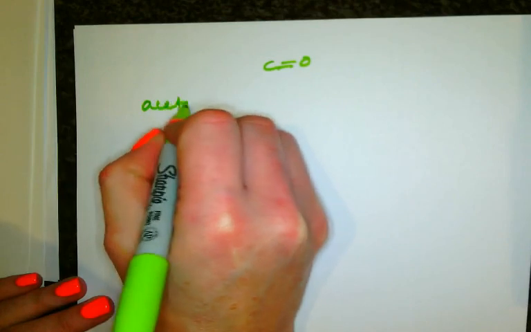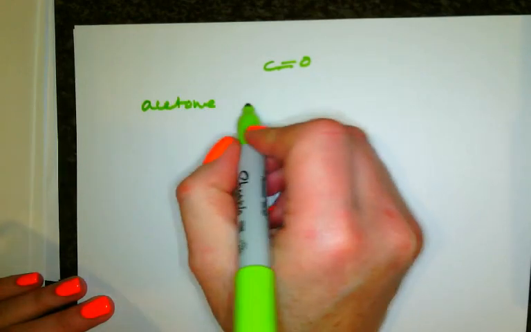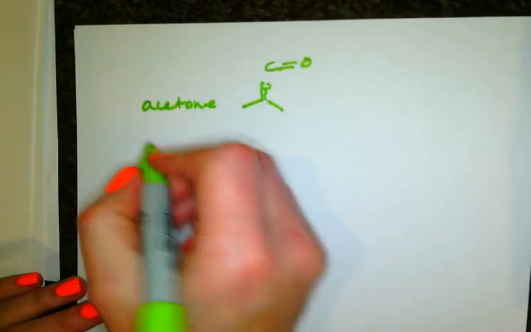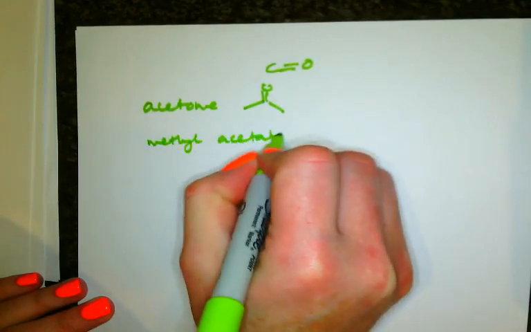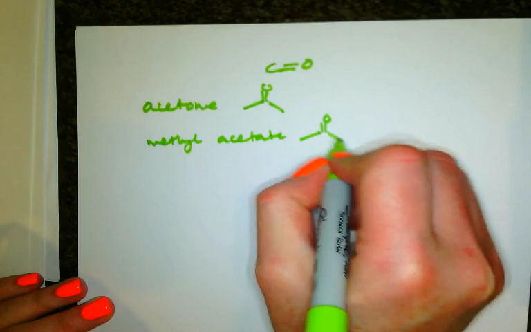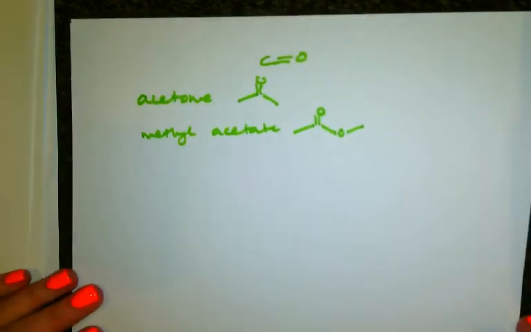The first thing that I want you to do, and please do this before you come to the lab, is to find the line drawings of these compounds. For example, acetone looks like that, methyl acetate looks like that.